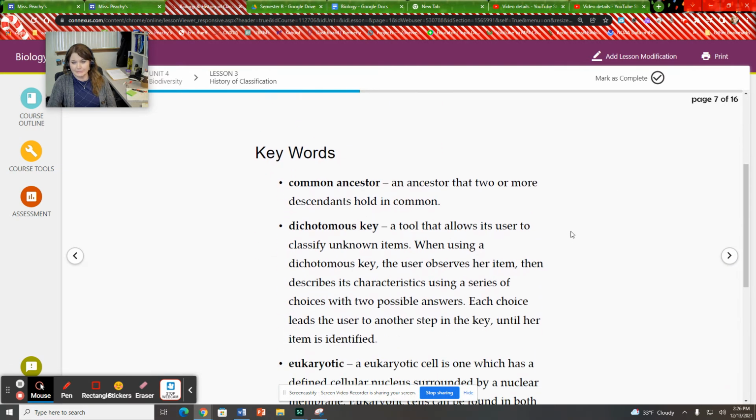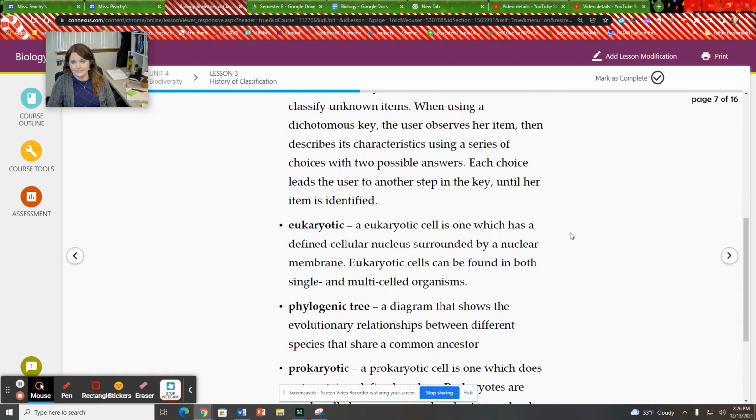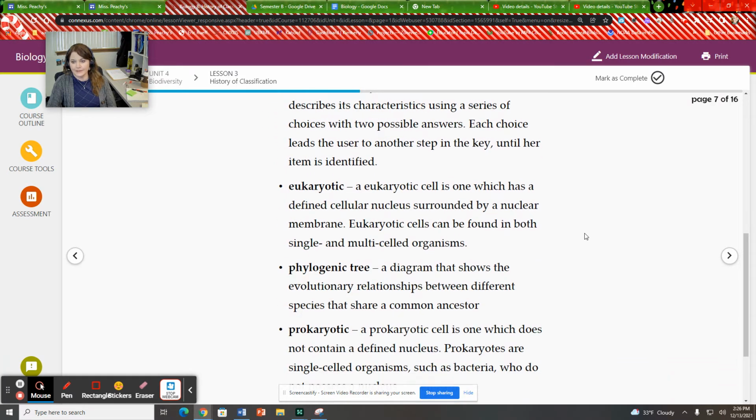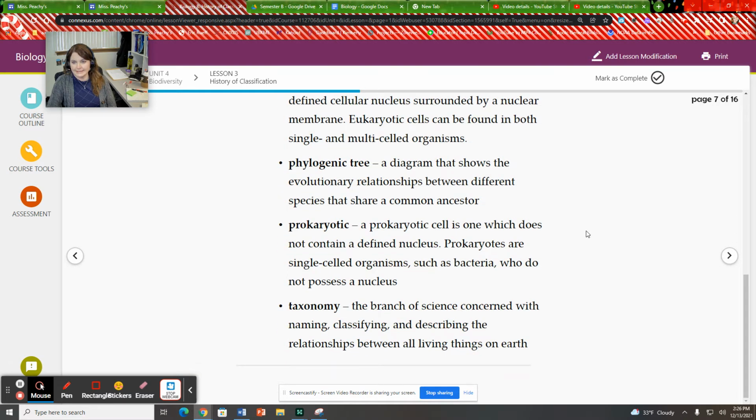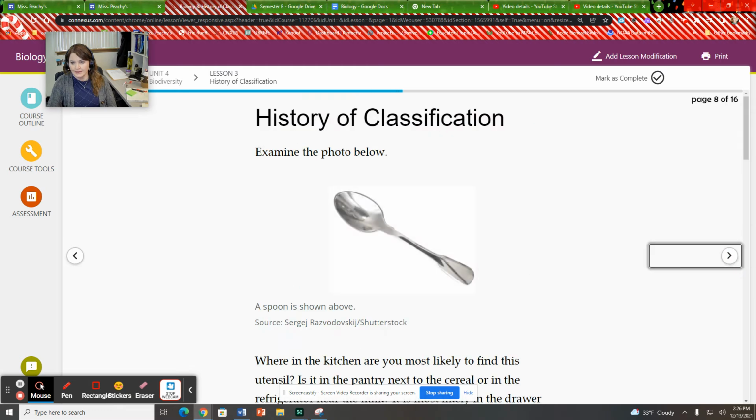Now we're getting some key terms. We have common ancestor, dichotomous key, eukaryotic, phylogenetic tree, prokaryotic, and taxonomy. So really the only new term here is phylogenetic tree. It gives us the example of wanting to find where to put a spoon in the kitchen. There are some categories that you're going to go through in your brain before you even try to put the spoon away. You certainly aren't just going to open the refrigerator and put it in there because you know that you don't put utensils in the fridge. You probably won't open an upper cupboard and throw your spoon in there because generally they don't go in there either.